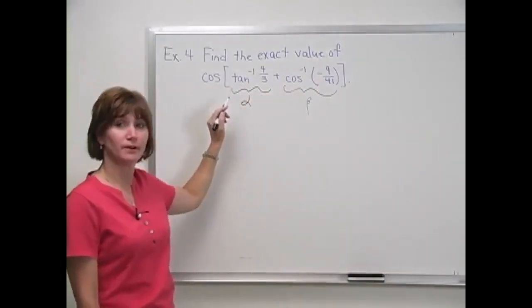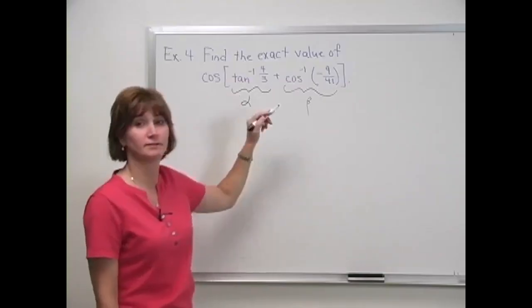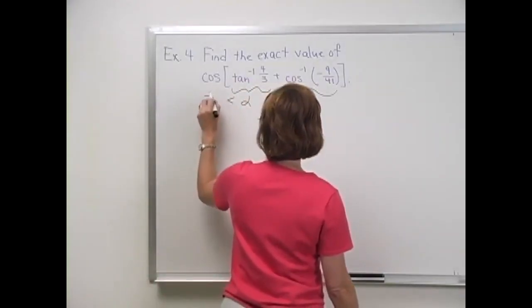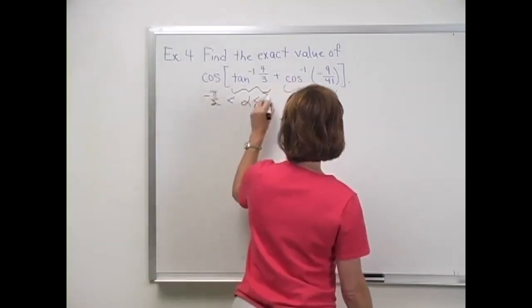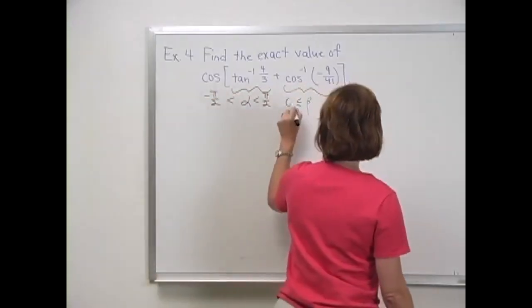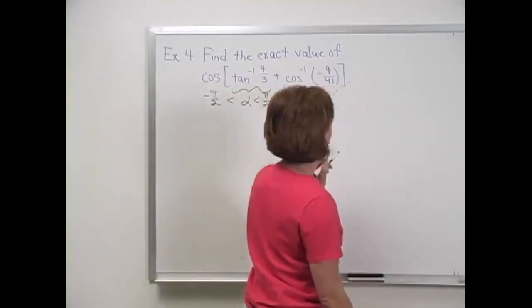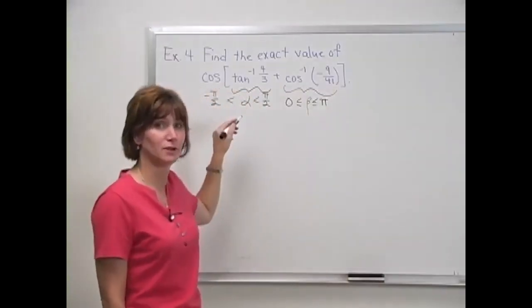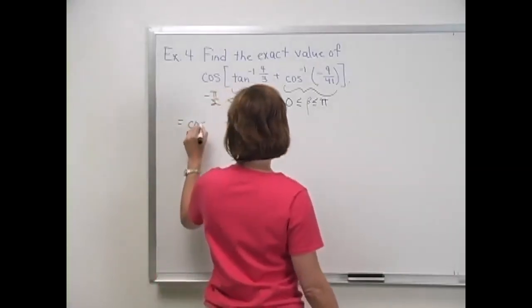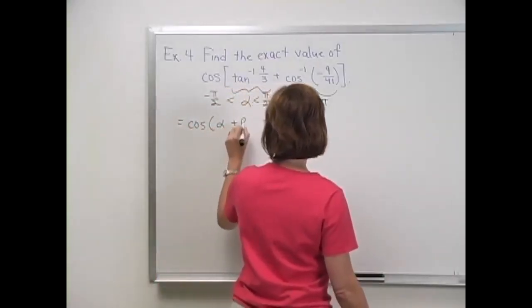And here's where it's very important that you know the range of these inverse functions. Remember, the inverse tangent lies between negative pi over 2 and pi over 2, and the inverse cosine lies between 0 and pi. So you can see it is very important that you know that and not have to look it up. So now what we have is the cosine of alpha plus beta.